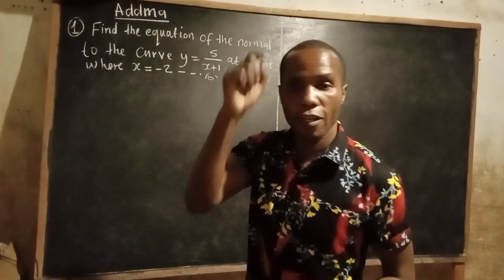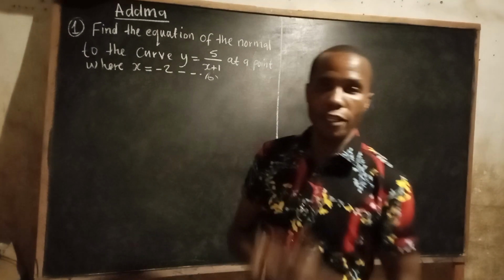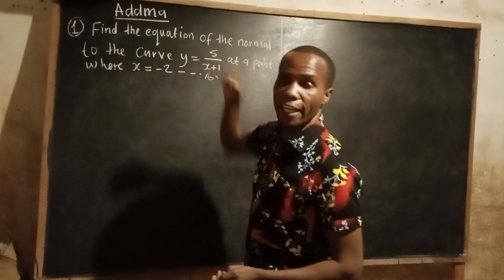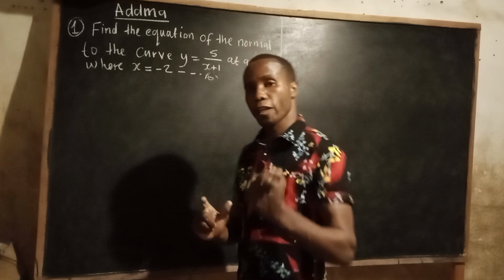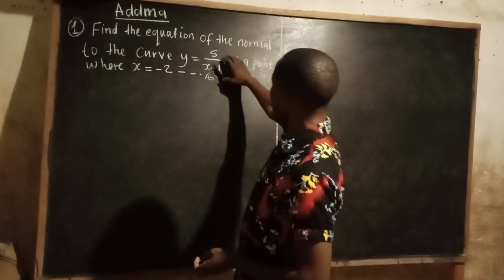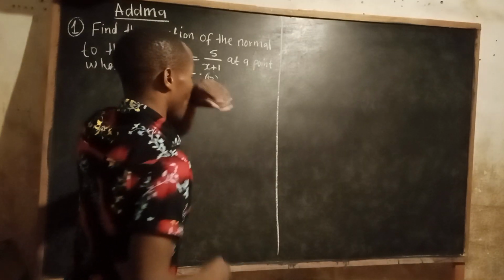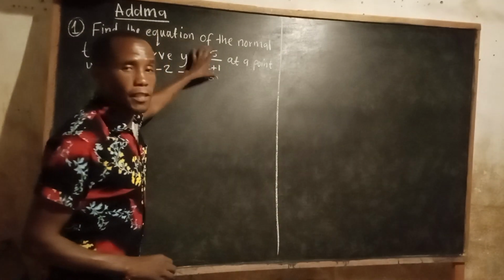If I take you back to the previous lesson that we had, we actually looked at the quotient rule. The quotient rule is only applied on rational functions.